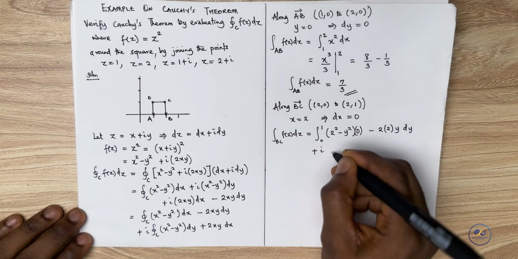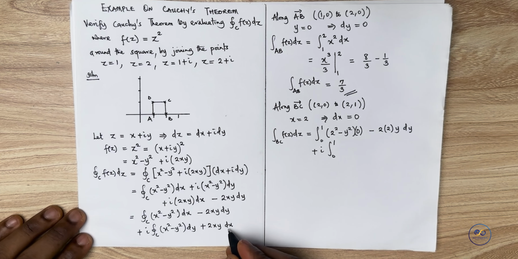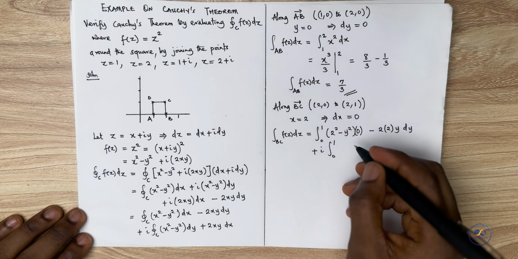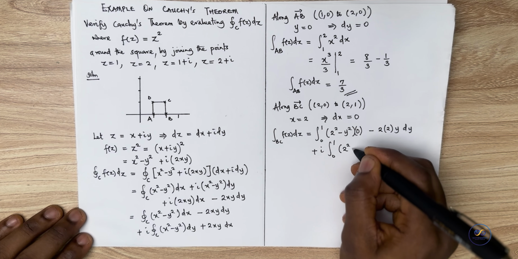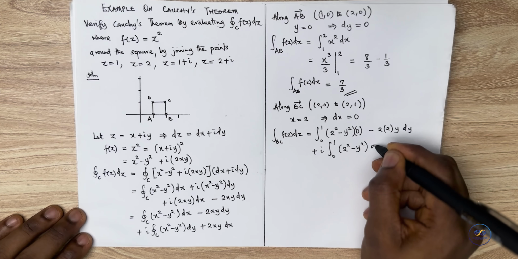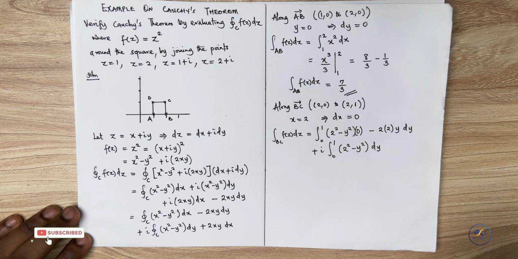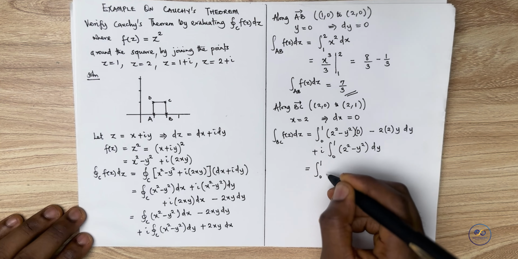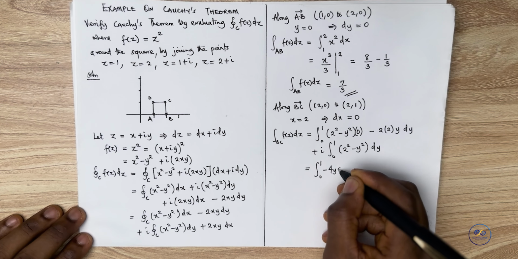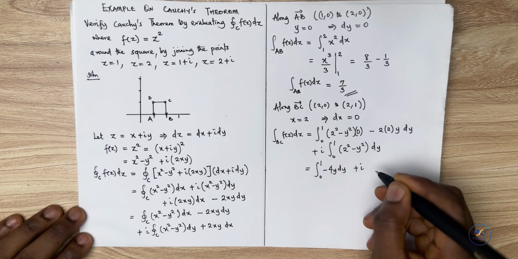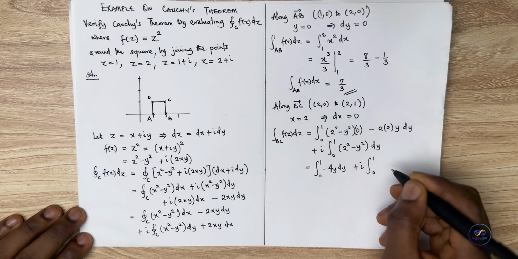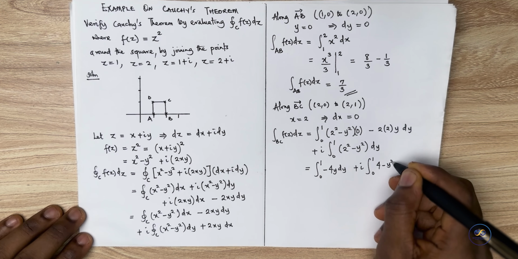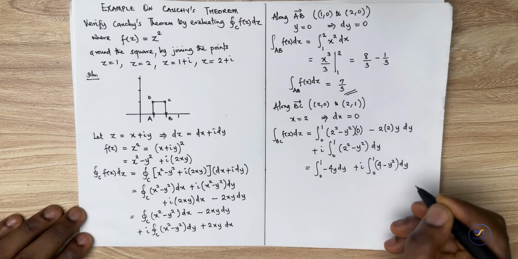So we have plus i integral from 0 to 1. This vanishes, so this remains. We have 2 squared minus y squared dy. So if we write it in short, we would have the integral from 0 to 1 of minus 4y dy plus i integral from 0 to 1 of 4 minus y squared dy. This is what we have.